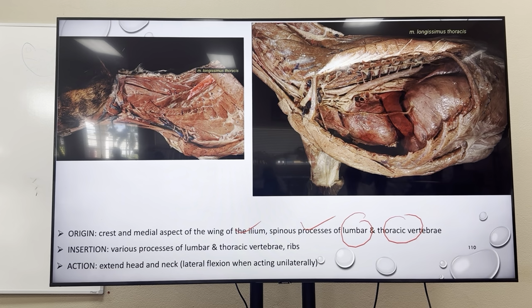All those processes we mentioned, the transverse processes, cranial articular process, mammillary process, etc., serve as the insertion. So I will say that these insert on the various processes of the lumbar and thoracic vertebrae, and also the ribs.